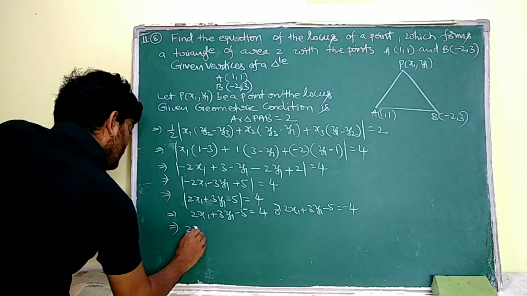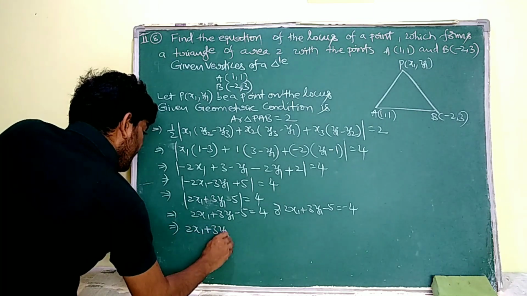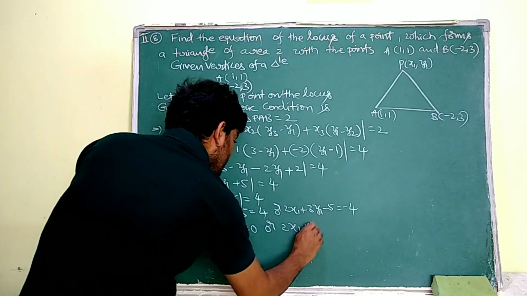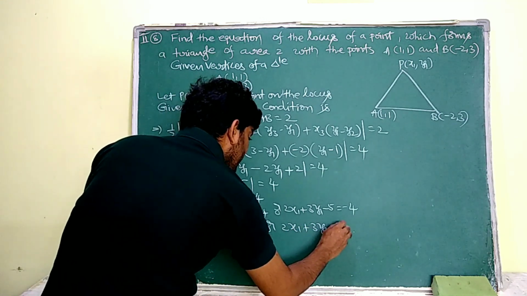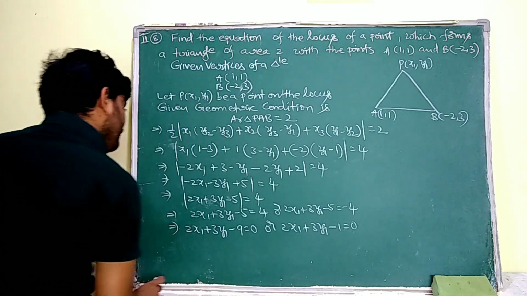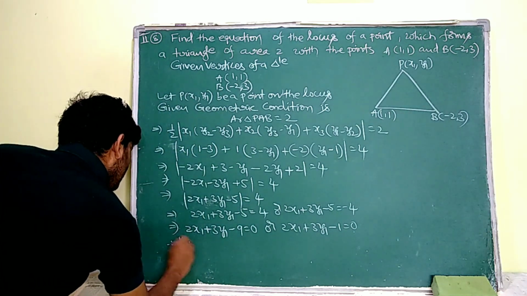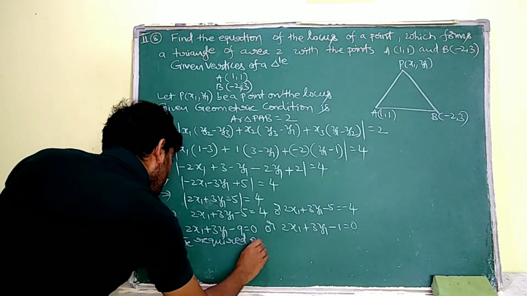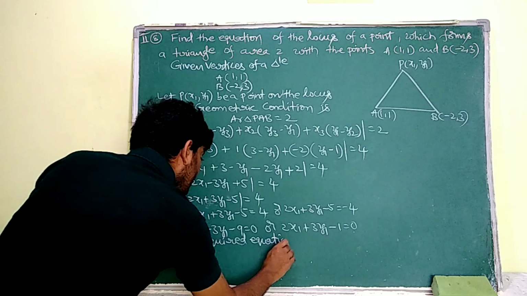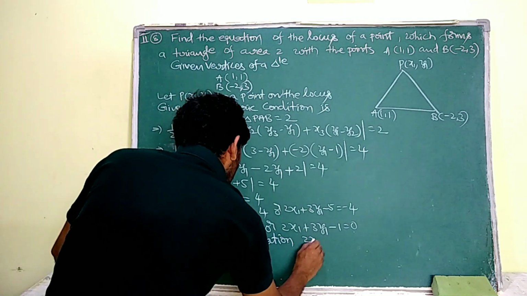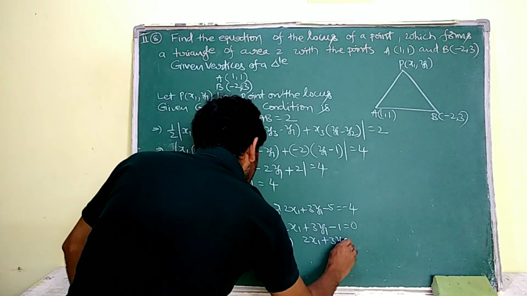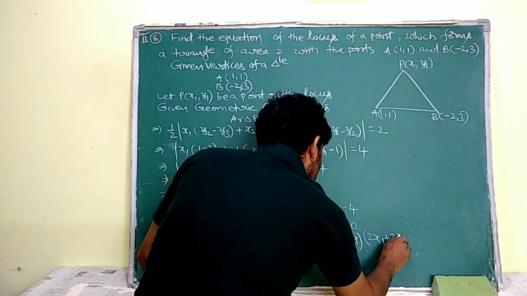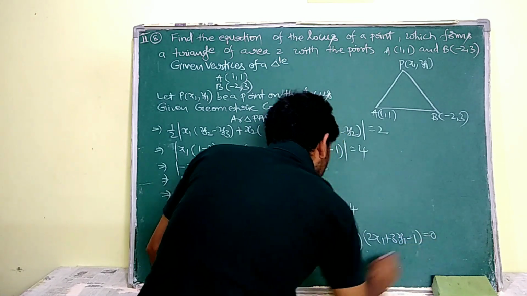That implies 2x1 plus 3y1 minus 9 is equal to 0, or 2x1 plus 3y1 minus 1 is equal to 0. Therefore, the required equation is (2x1 plus 3y1 minus 9) into (2x1 plus 3y1 minus 1) is equal to 0.